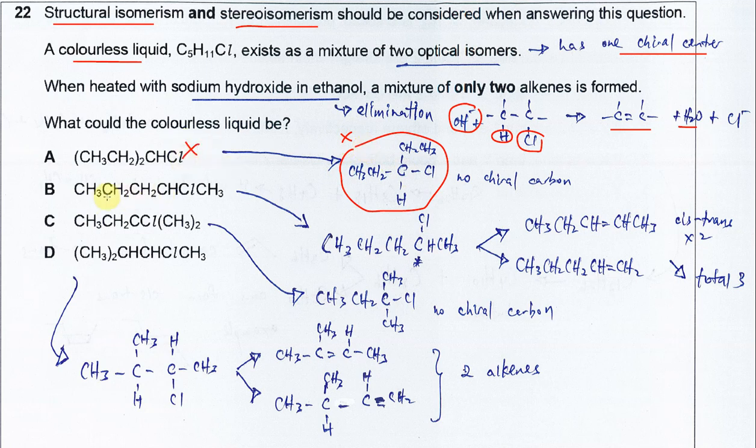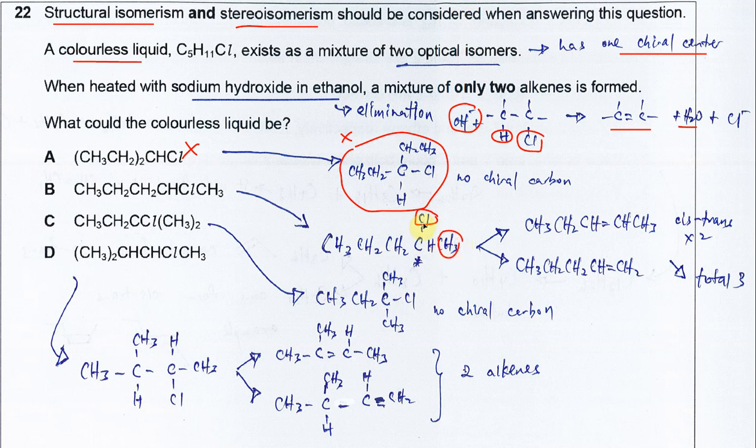Now for B, from the structural formula provided, we know that this carbon is a chiral carbon, so it has one group, two groups, three groups, and four groups, right? So this can be considered now, and the chlorine will be removed together with another H. This chlorine can be removed with this hydrogen.